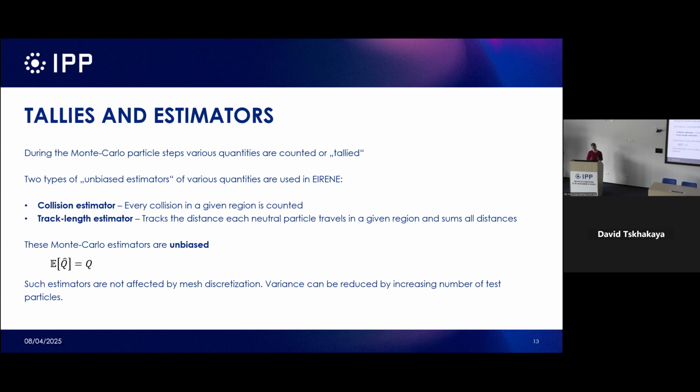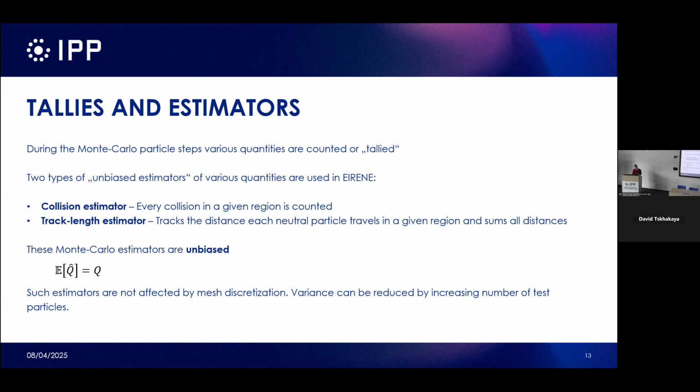But because collisions can be quite rare, especially in some regions, it might be beneficial to use track length estimators, which calculate the distance the neutral particles travel inside the cells, which is then summed together to get a different type of estimator.